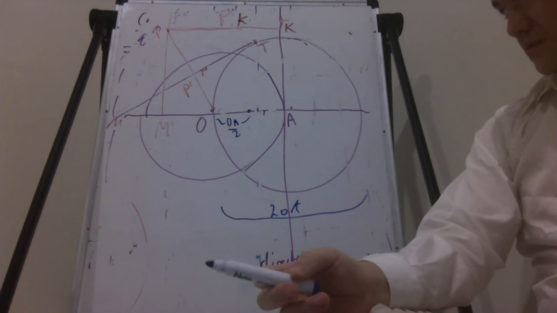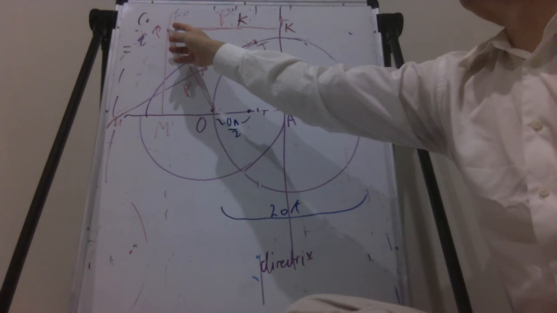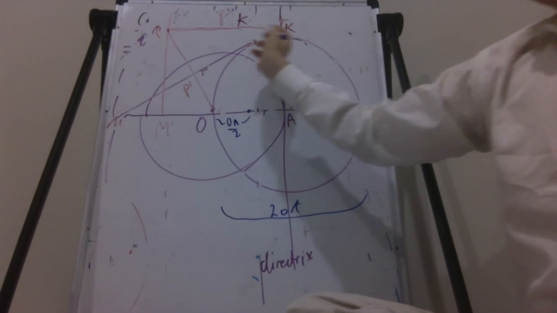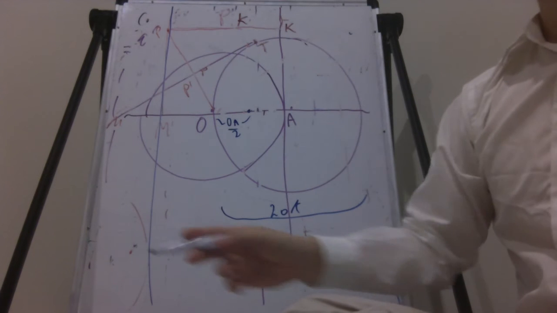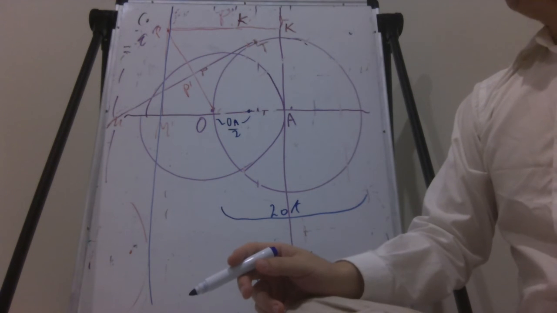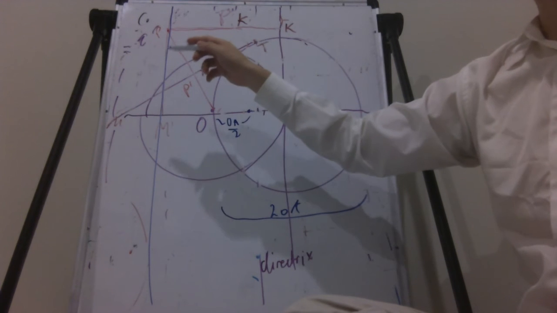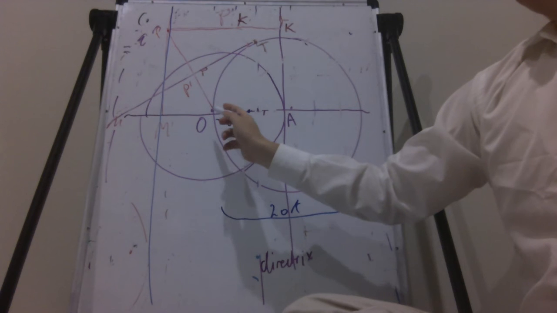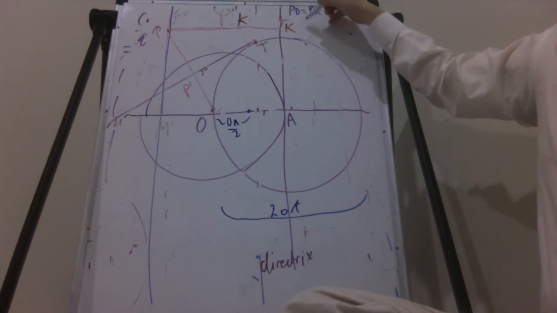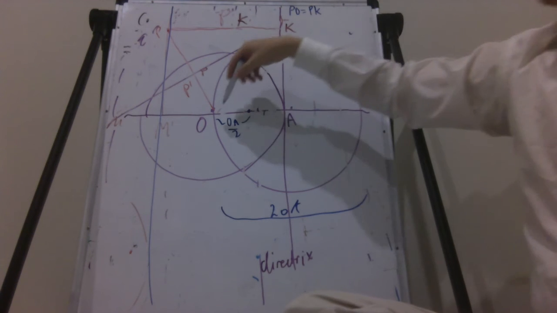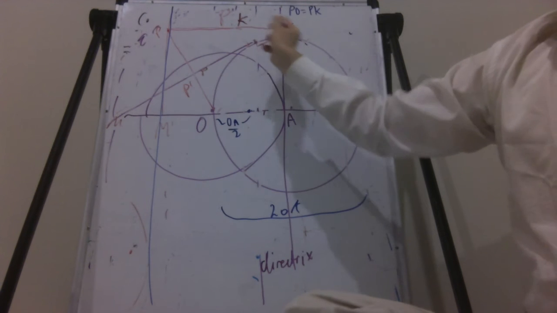So we only have to show that for every distance here, everything that lies along this vertical line, there's only one point on this side of the line that has the right distance from O. For the parabola, we're going to show PO equals PK, and there's only one point on this side of the symmetry line that is equidistant to PK and PO.